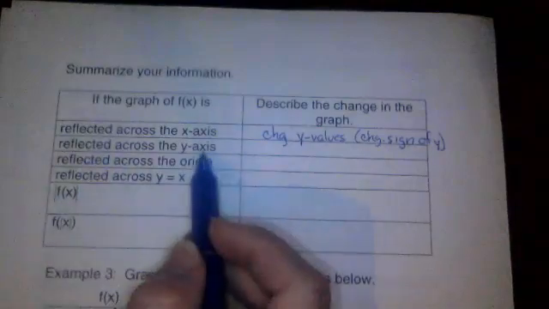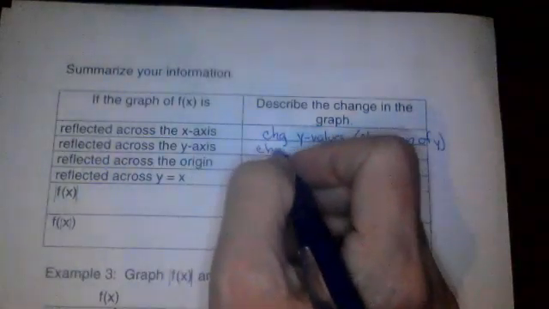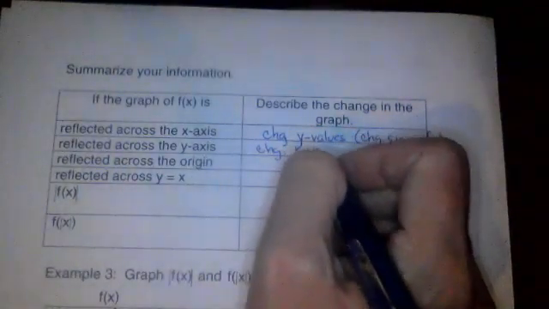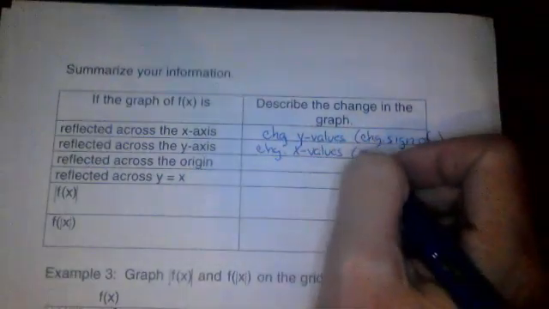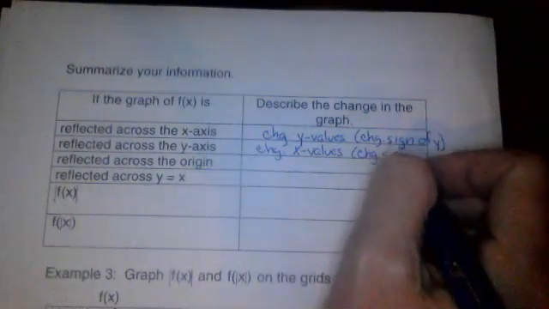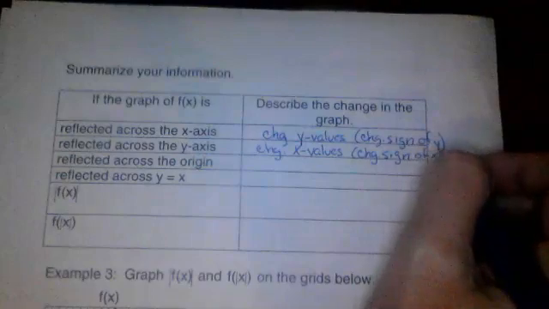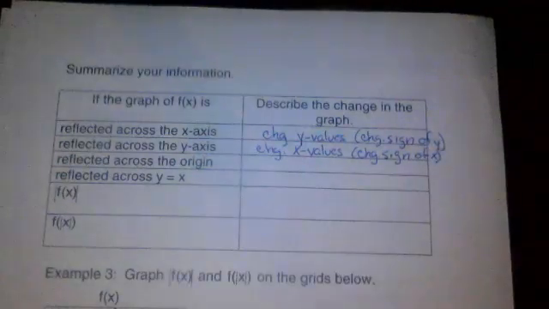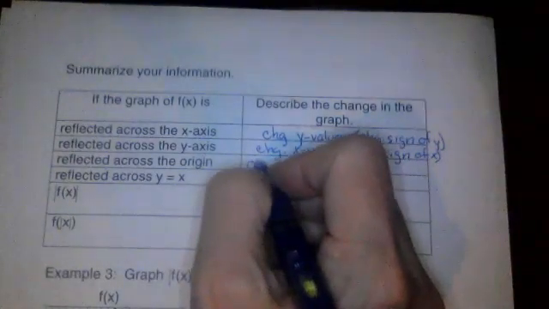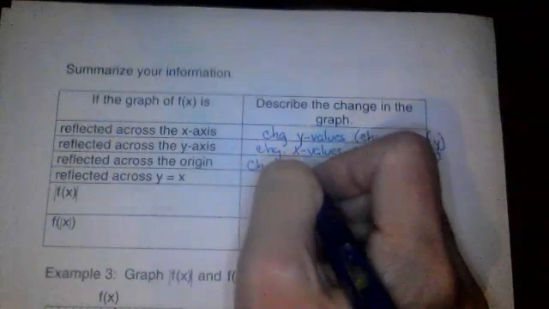If we want to reflect across the y-axis, then we're going to change the x values. We're going to change the sign of x. If we want to reflect across the origin, then we're going to change both of the signs of x and y.